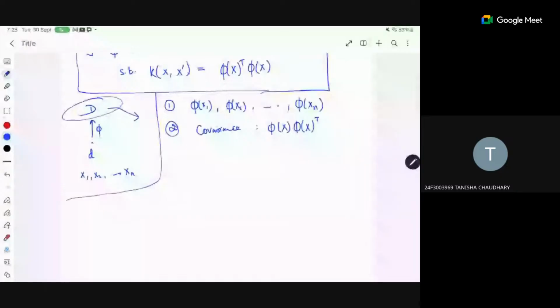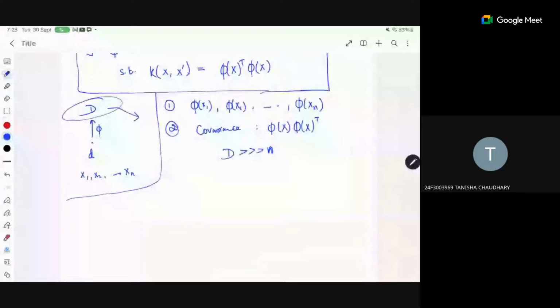But now, since we are moving from a relatively lower dimension to a higher dimension, there is a very high chance that the number of dimensions is going to be quite large. So this capital D could be very large as compared to N. Again, whenever there is this time complexity issue, we can follow the other method.